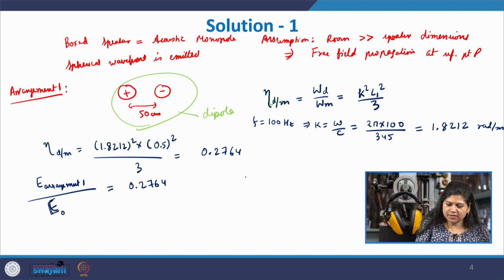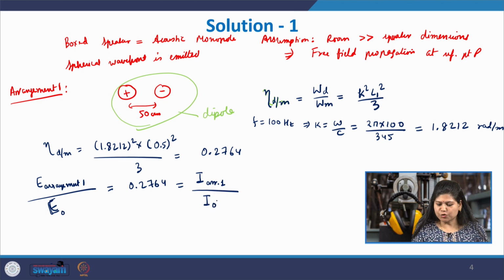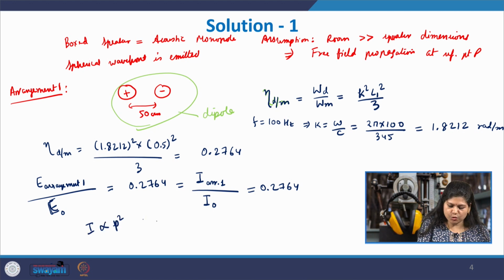And we know that this means the intensity of arrangement 1 by that of the reference arrangement, which is a single speaker, is the same thing here, and intensity is directly proportional to p squared.